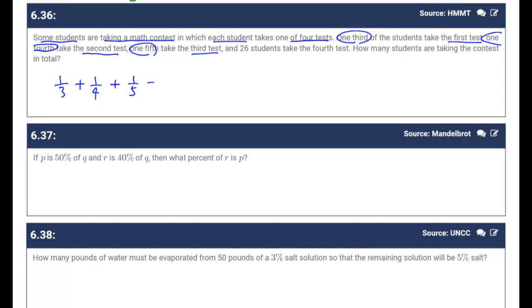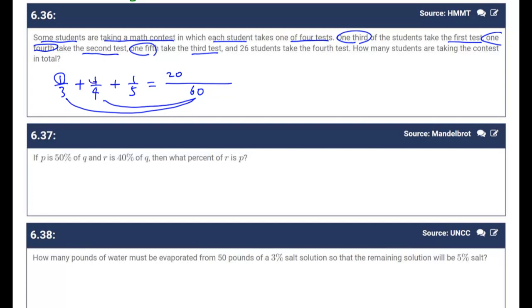If I add them all up, the common denominator will be 60, right? And 3 times what is 60? 3 times 20 is 60. So I'm going to multiply the numerator by 20, which is 20. And 4 times what is 60? 4 times 15 is 60.